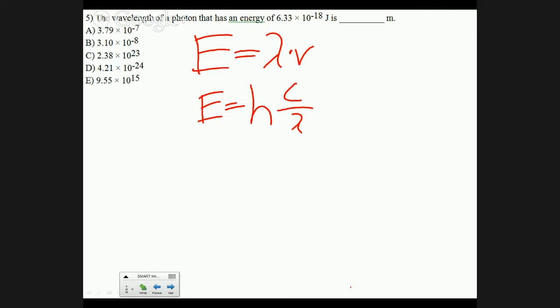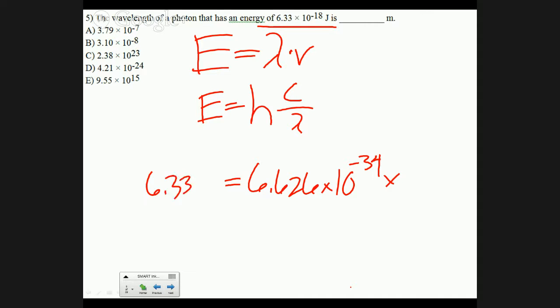So we use that and we plug in Planck's constant, which is 6.626 times 10 to the negative 34, times the energy, times the speed of light over lambda. Solve for that. Just some basic algebra there.